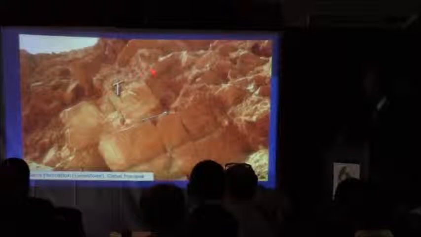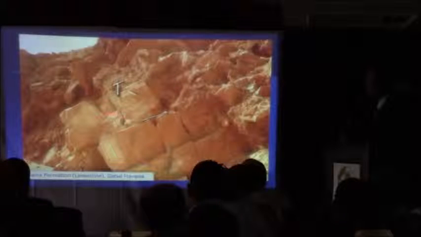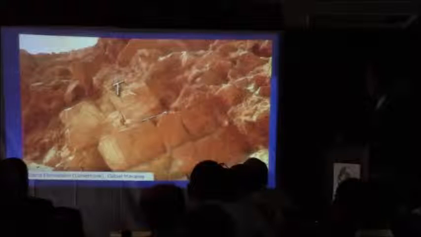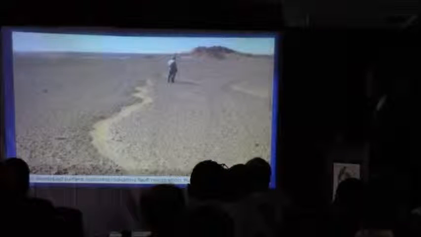Here we can see a fault gouge dissected by distinct normal faults, indicating that we have a combination between two types of movement. And here we can see also the subhorizontal strike-slip movement and the dip component overprinting this one.